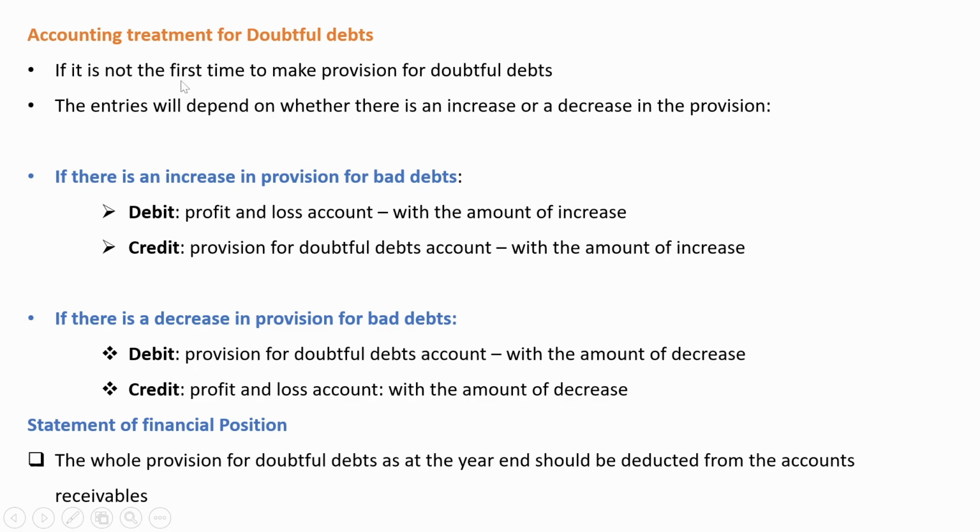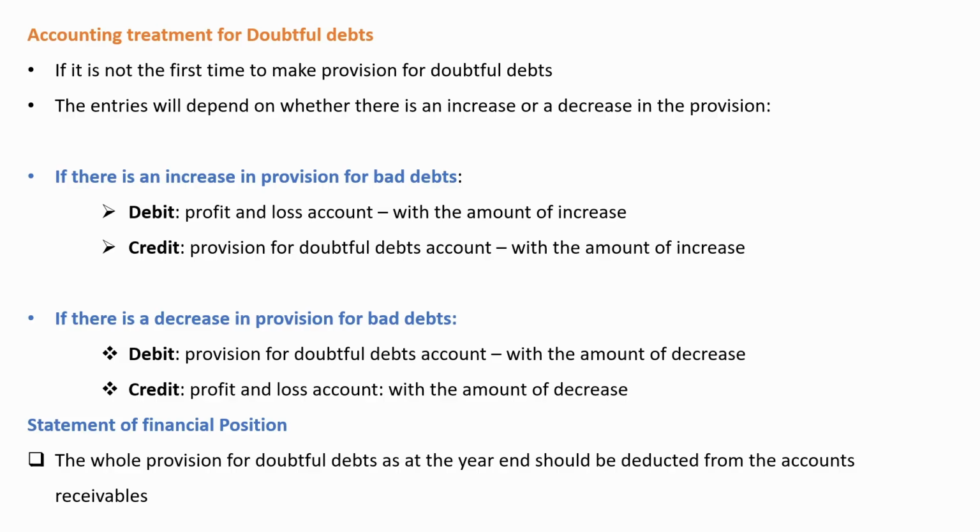So if it is not the first time to make provision for doubtful debts, the entries will depend on whether there is an increase or a decrease in the provision. So if there is an increase in the provision for bad debts, let's say last year the provision was 20,000.